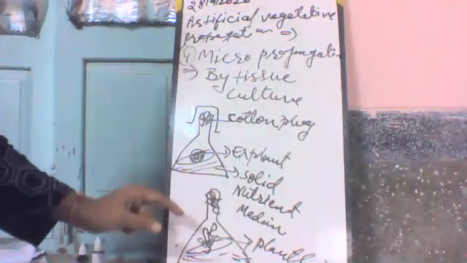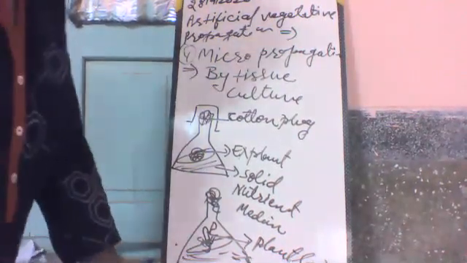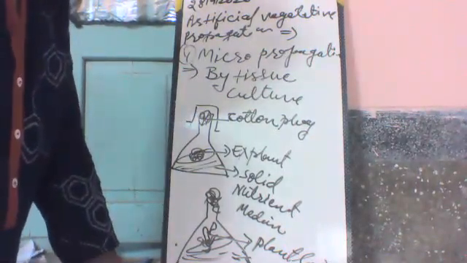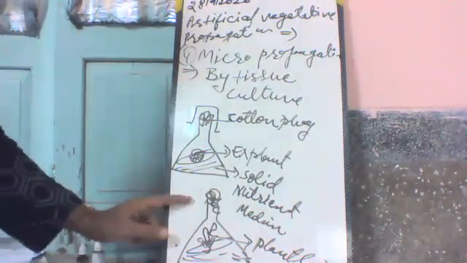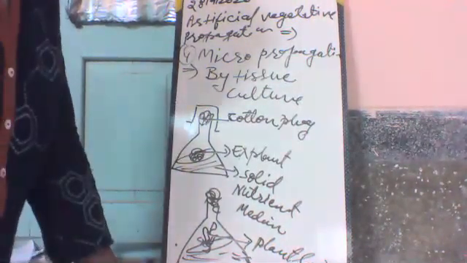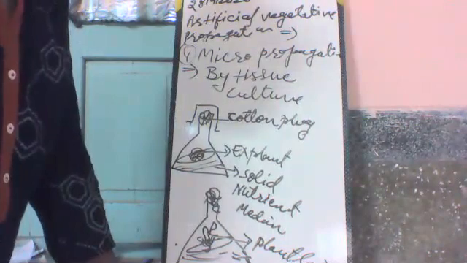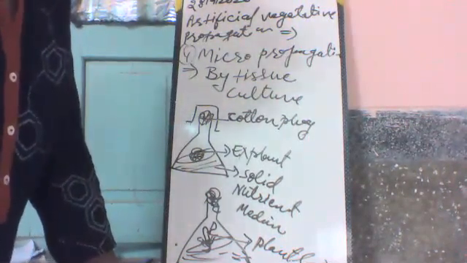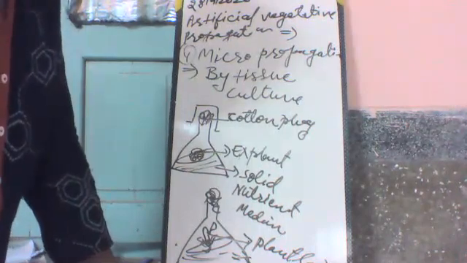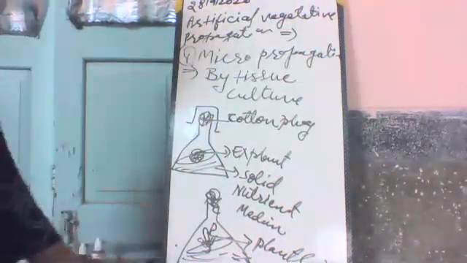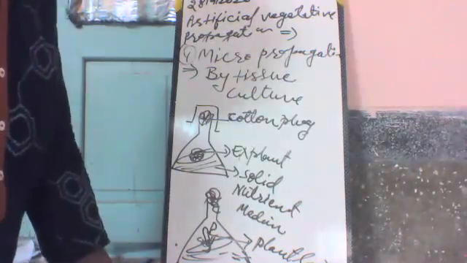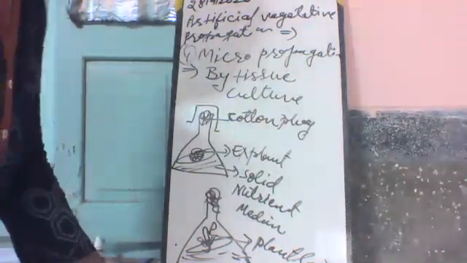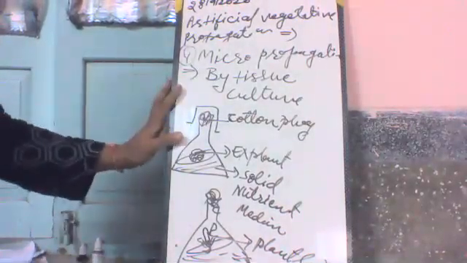This is done to get the disease-free variety of a plant. This technique is being used to grow orchids, gladiolus, and chrysanthemum.